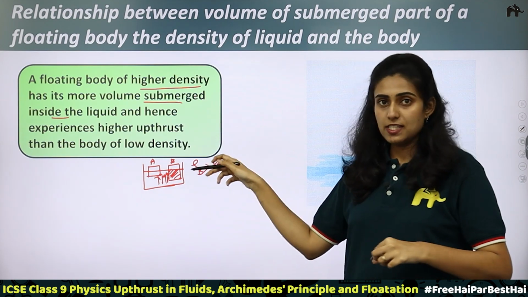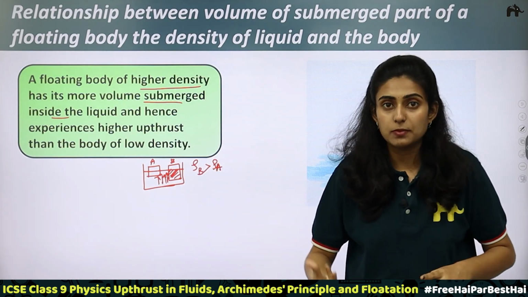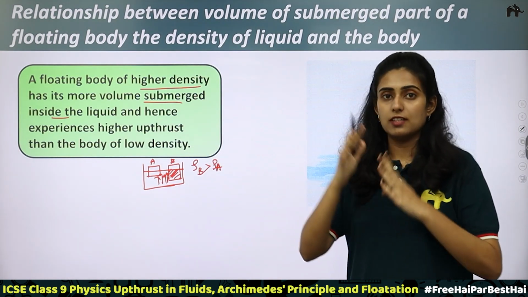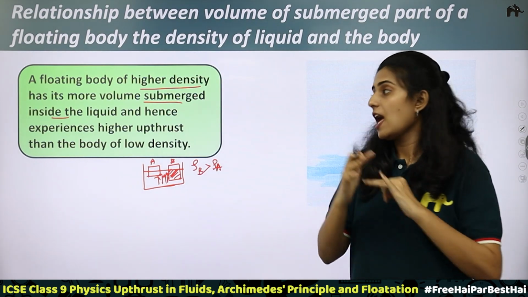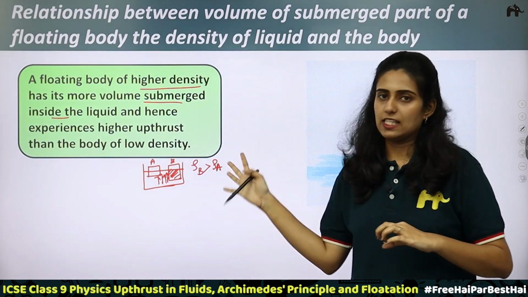It is something that is affecting the upthrust, so upthrust will be greater. We have to have an idea about the Archimedes principle and the law of flotation, the principle of flotation. With this you can explain these two.